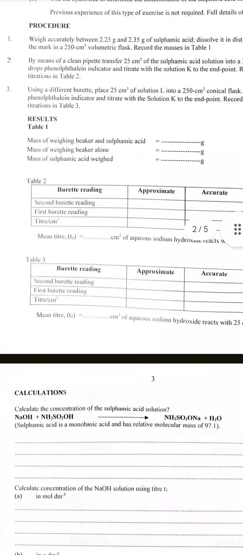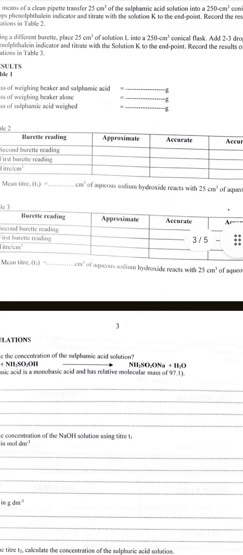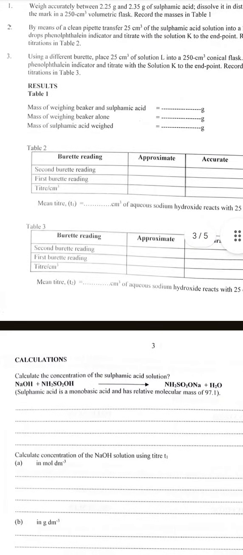If you don't have another burette, you can just use a pipette, and pipette 25 cm cube of the sulfuric acid into a conical flask, or you use a measuring cylinder to do that. Now you have 25 cm cube of the solution in the conical flask.